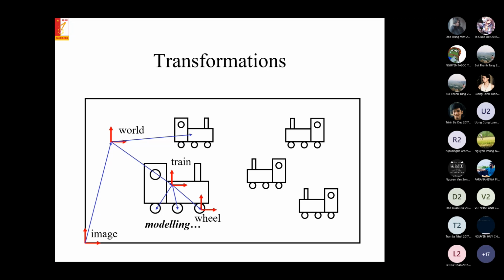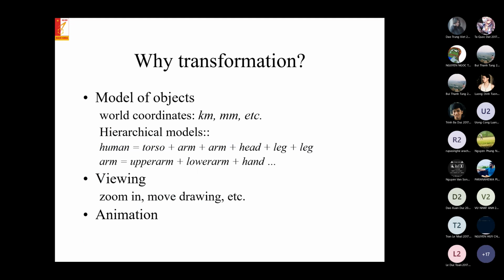So it can be monitoring, instantiations, viewings, and we need to animate. So the first question we must answer is why transformation? We have the model of the objects.